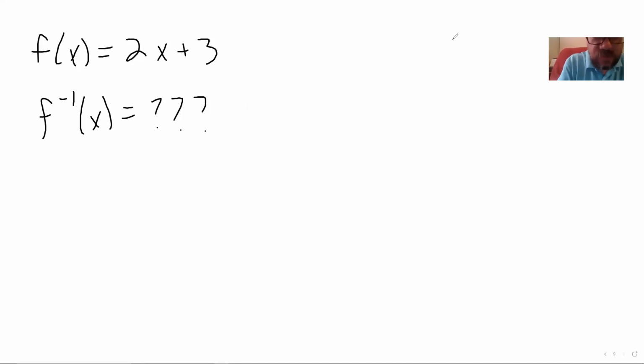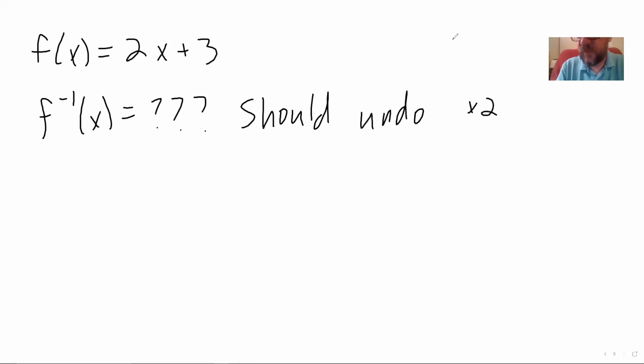So I want to do, should undo times 2 plus 3, right? That's the order that f is doing things in, so it needs to do the opposite things in the opposite order. Therefore, by the way, here's a little tip for you. Impress your math friends or your math teachers.